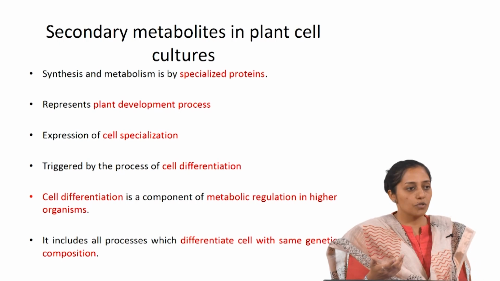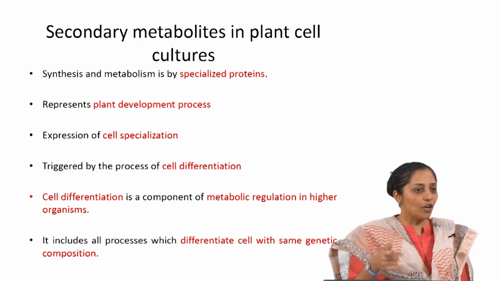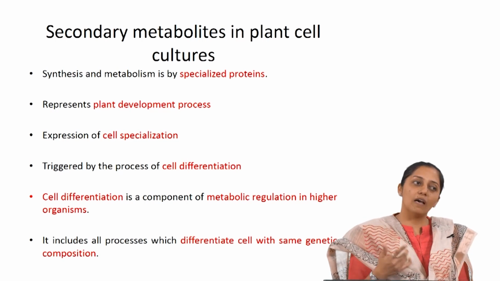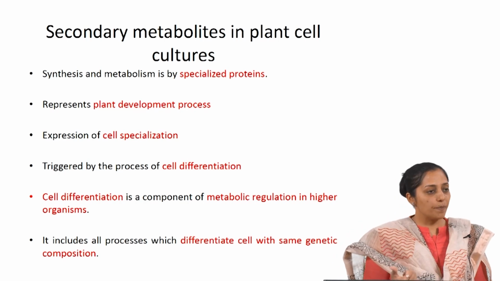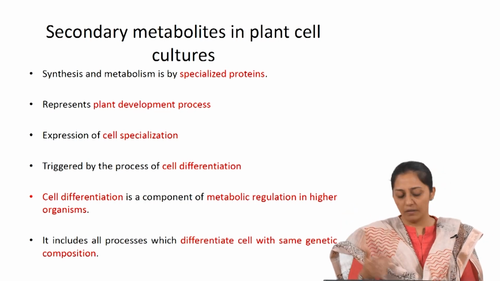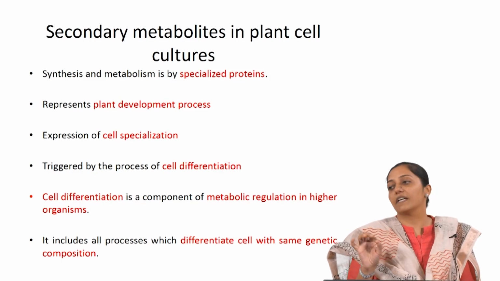I will be talking about those volatile components. So if you know what is happening in nature, in order to produce that in vitro, you will have to create similar conditions.